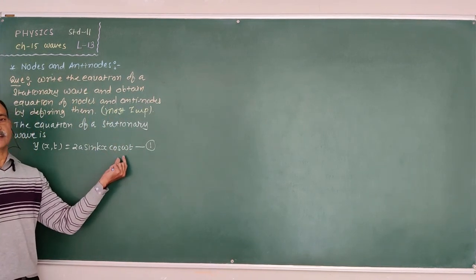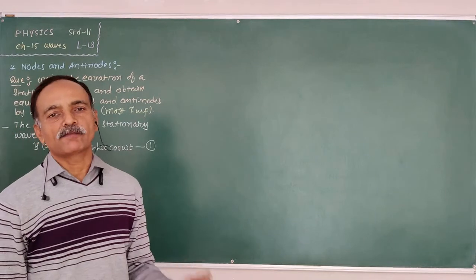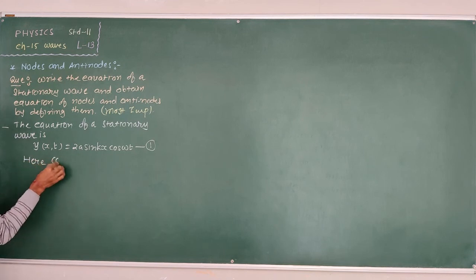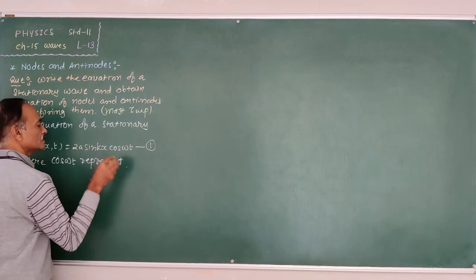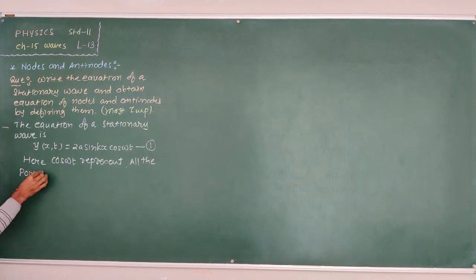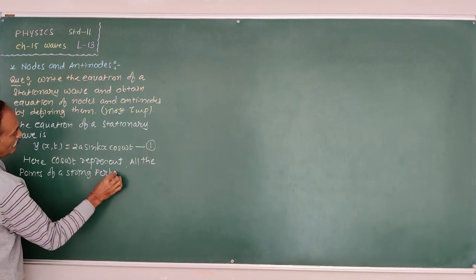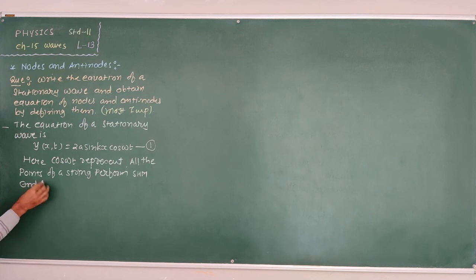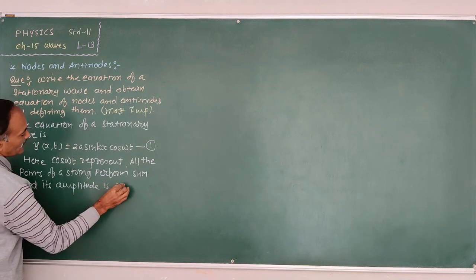Here the cos omega t term represents that all the points of a string perform simple harmonic motion, and its amplitude is 2a sin kx.